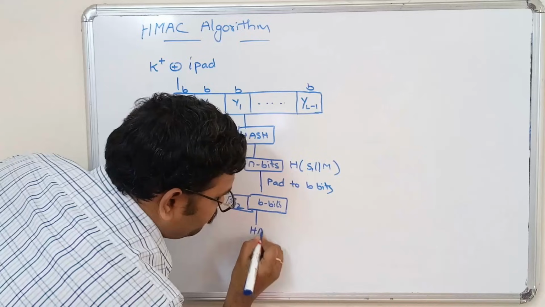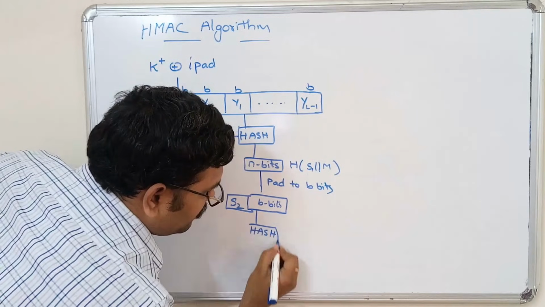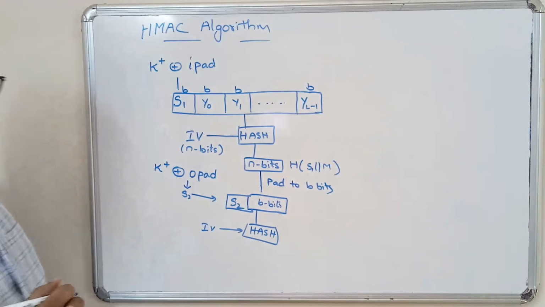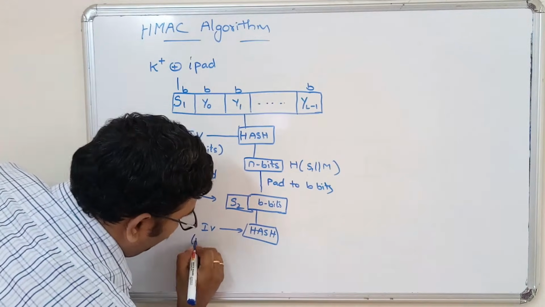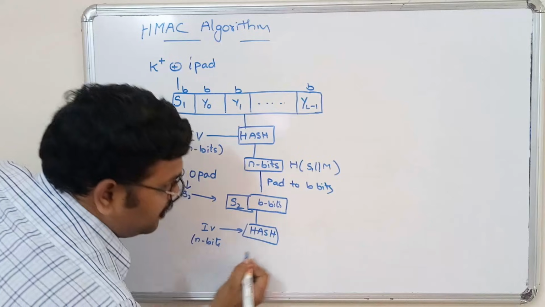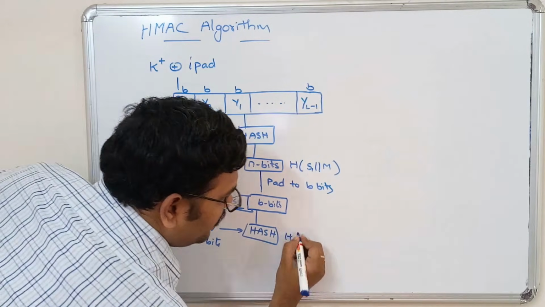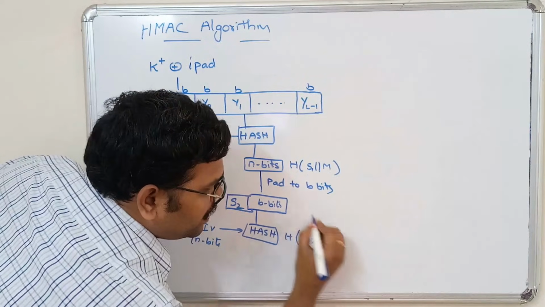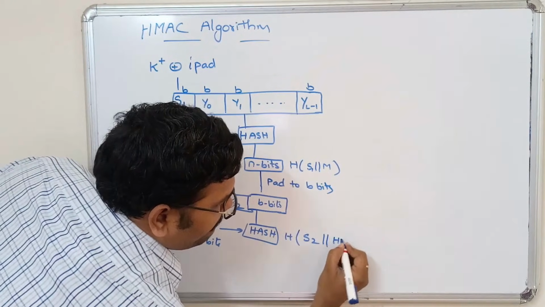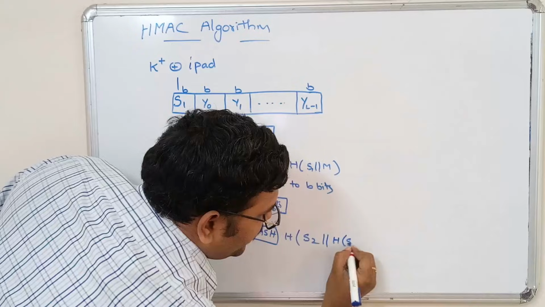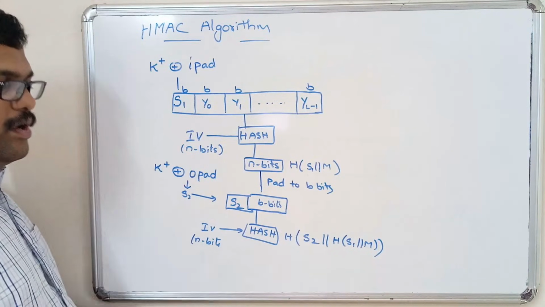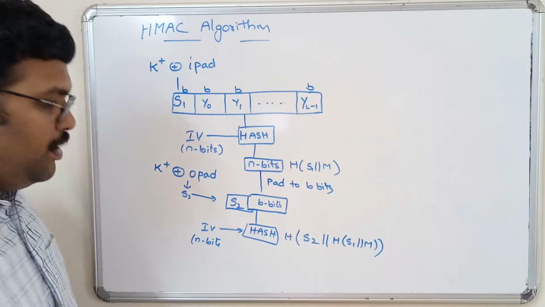Again apply the hash function with initialization vector of n bits, so here hash function of S2 appended with HMAC of S1 appended with plain text message after padding, right?